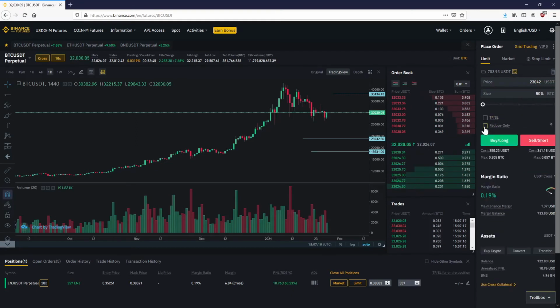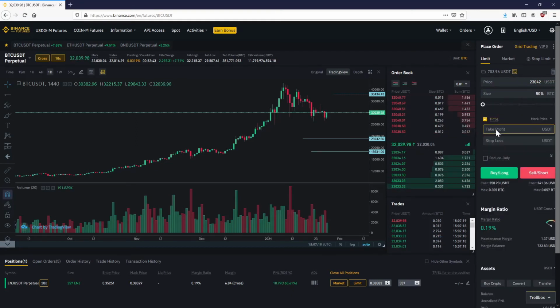Then if you trigger this take profit or stop loss, you can easily input the take profit price, which is 38,434, and the stop loss, which is 18,631. So you can easily place the order and then click buy long.